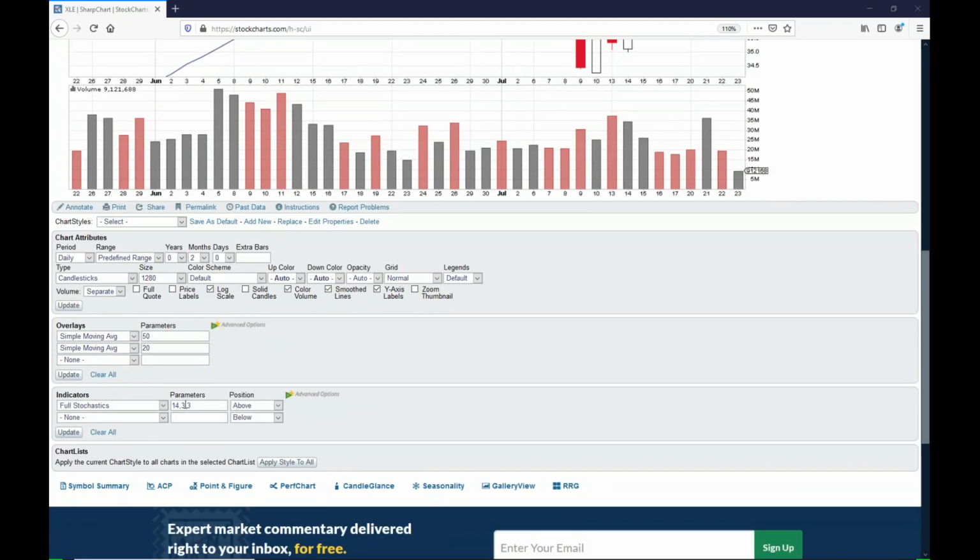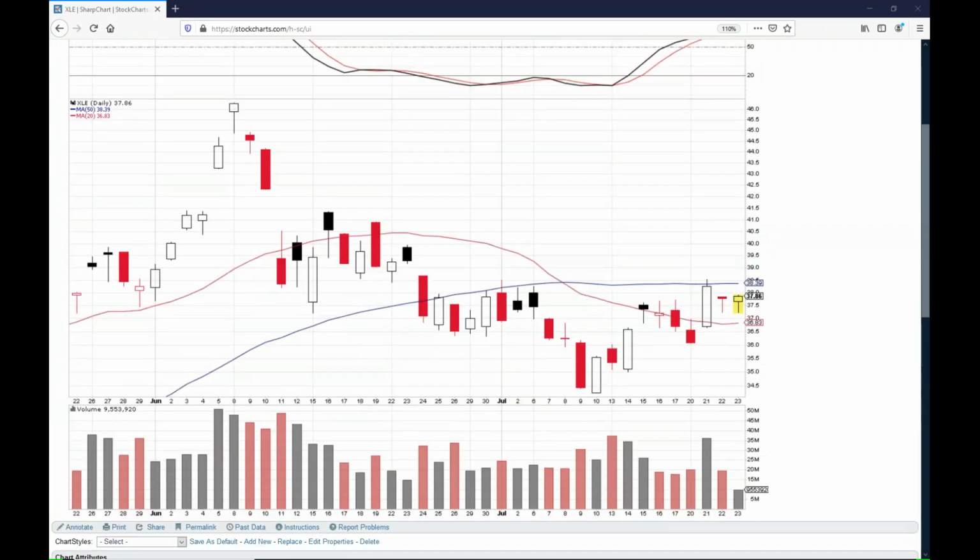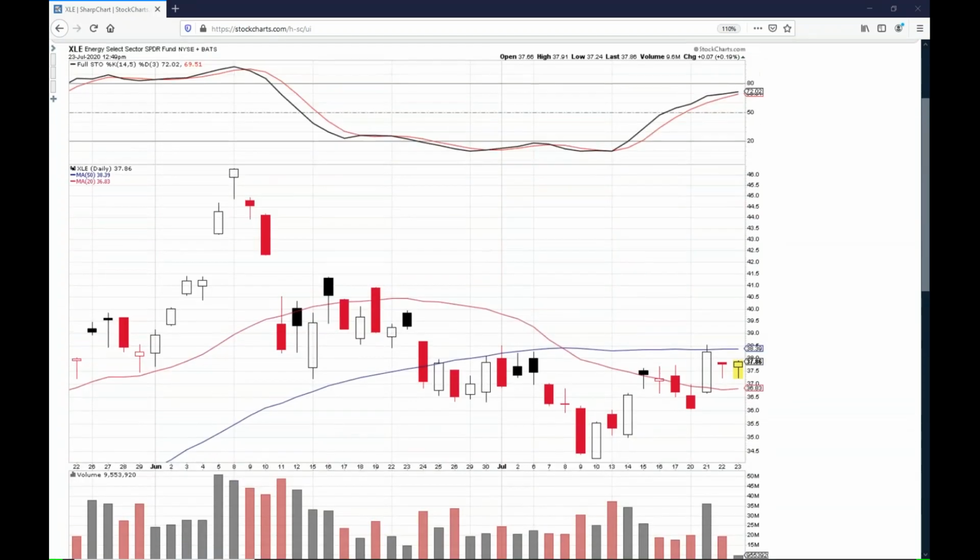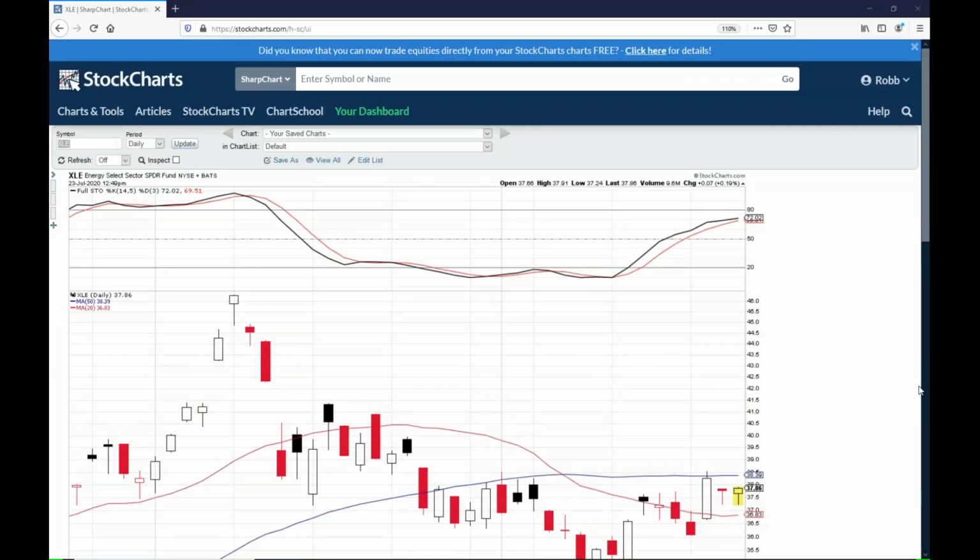If we were to change the parameters, we could come in here and tweak it, and we could make it more difficult for different indicators to occur, and if you do that, you'll just get fewer signals. So if I change that to 14, 5, and 3, now I look at it. Well, now we've got less to work with, right? Not a ton less, but a little less.